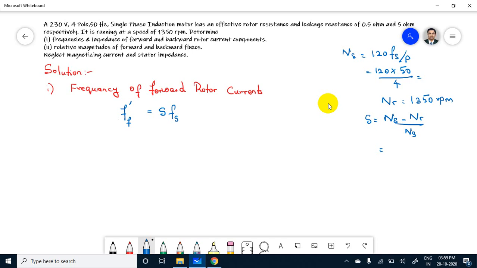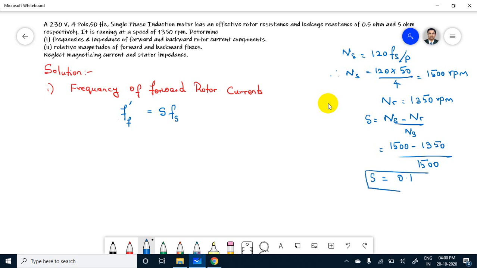You will get 1500 rpm, that is Ns. Substitute this value here: 1500 minus 1350 divided by 1500. We are getting 0.1.